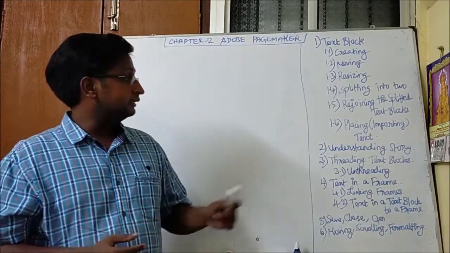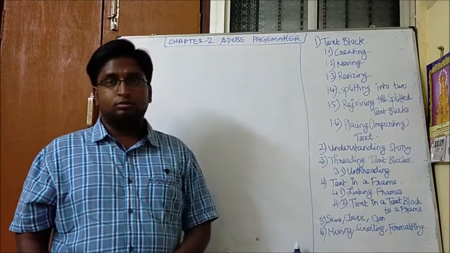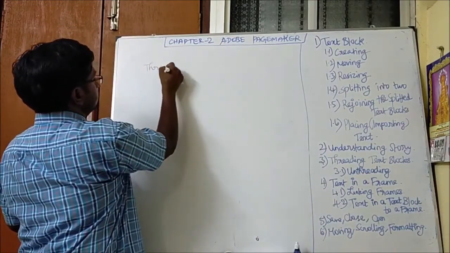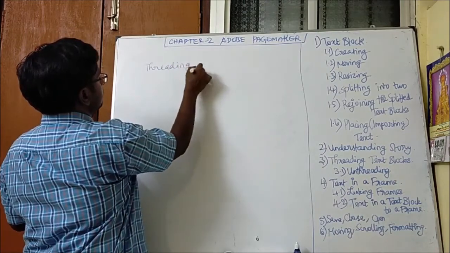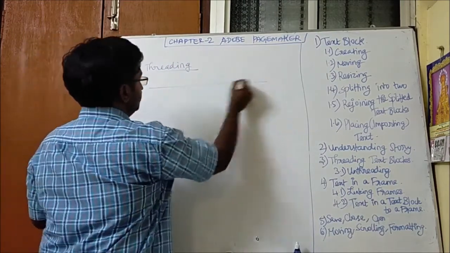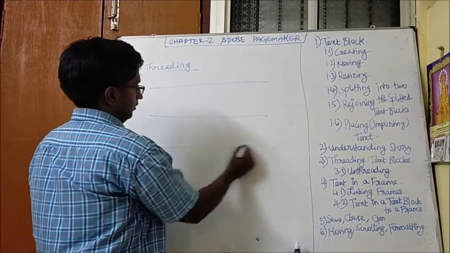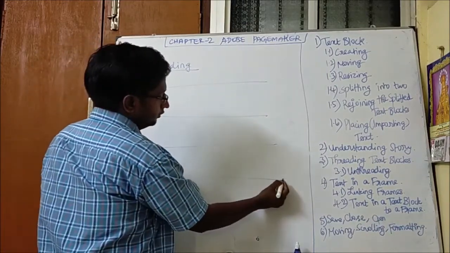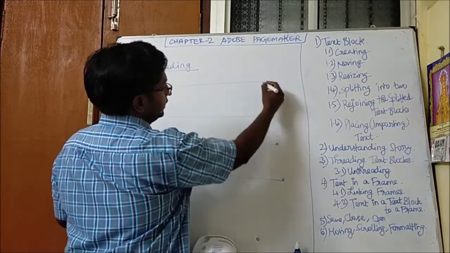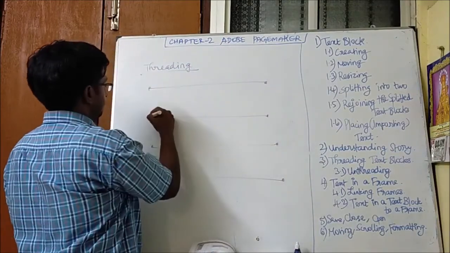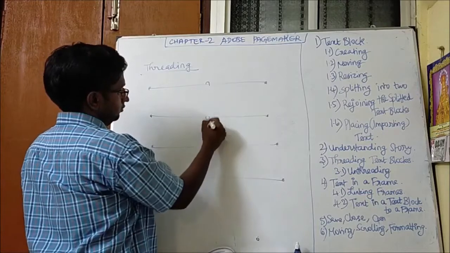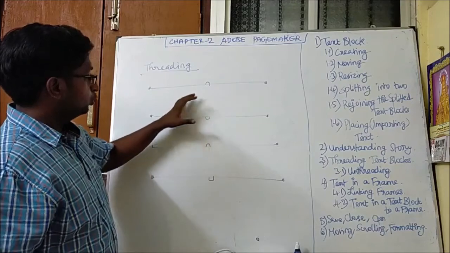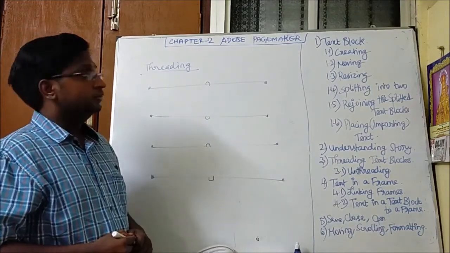The next one is threading the text block. Threading is nothing but connecting the text blocks. These are the two text blocks we have.